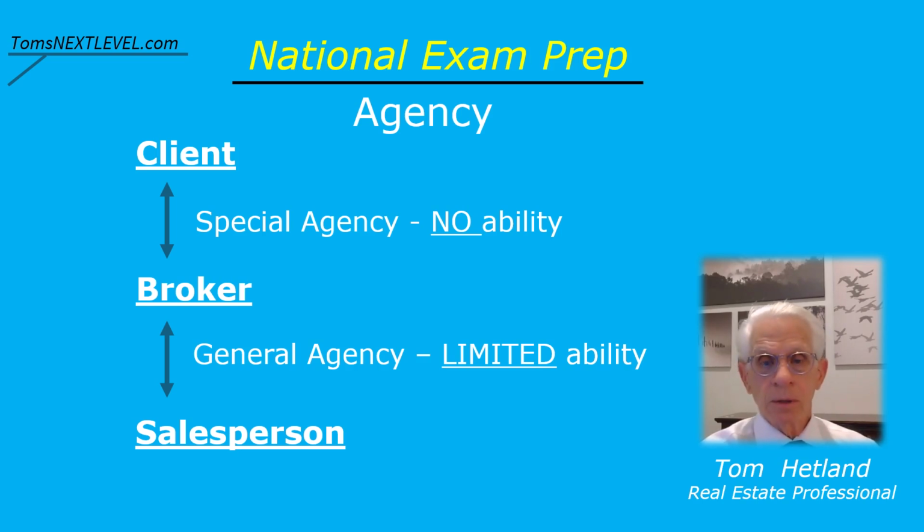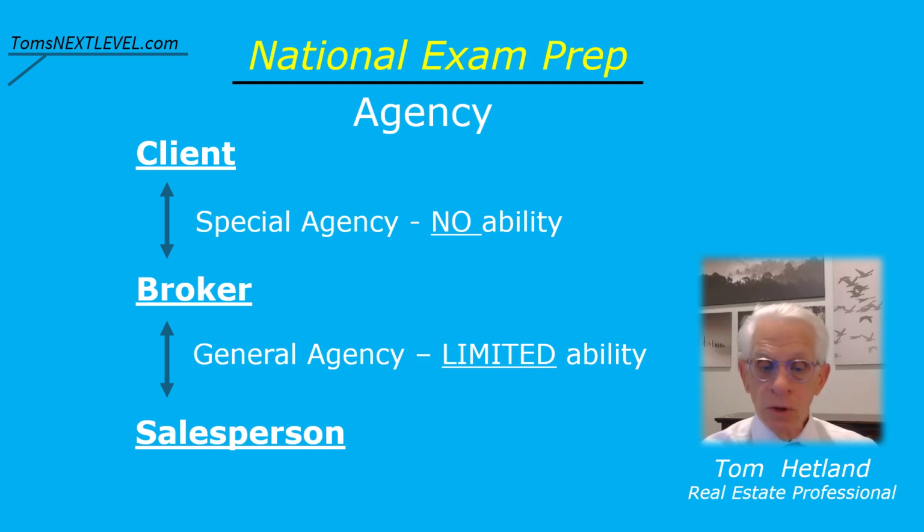Now that's different than the relationship between you as a salesperson and your broker. Does your broker give you permission to sign documents for them, like listing agreements and buyer-broker agreements? Your broker has told you if you sign those and bring them back to the brokerage, then the broker will accept them and be responsible for them.